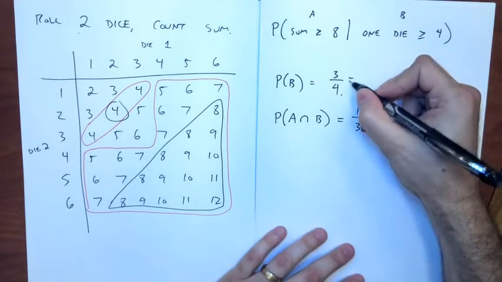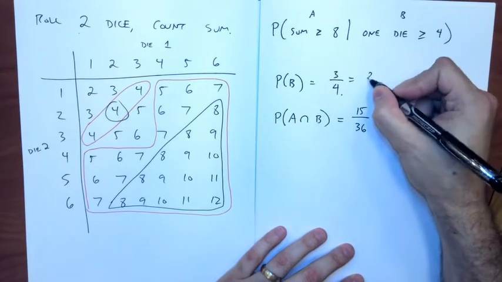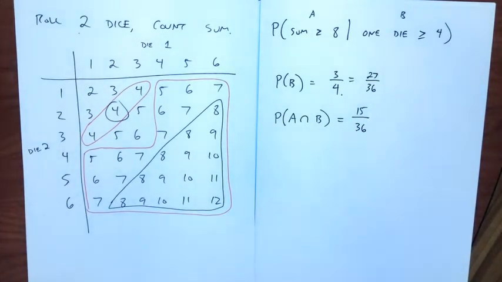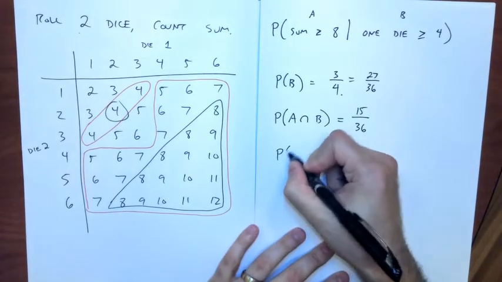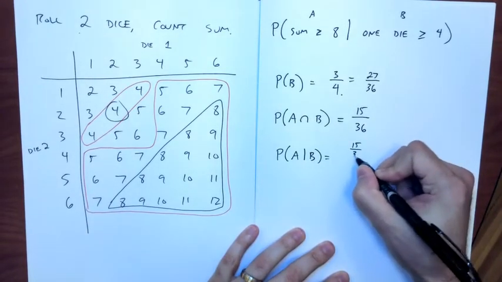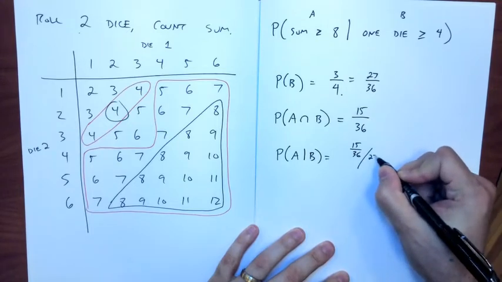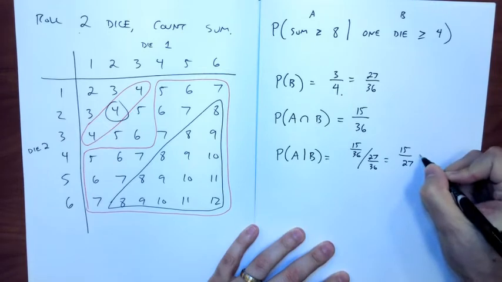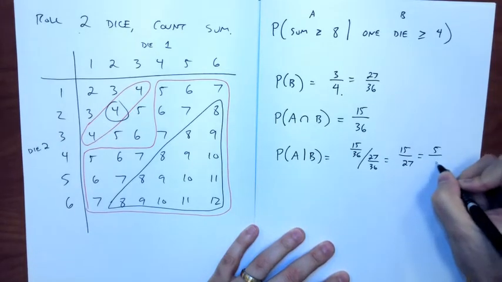Maybe I should go back and write this as 27 of the 36, just to be super precise, right? So 15 of the 36 total outcomes satisfy both things, and so the probability of A given B is 15/36 over 27/36, which is 15 over 27, which is 5/9.